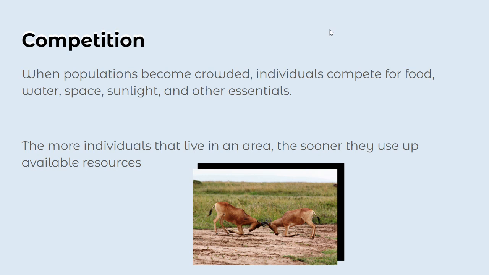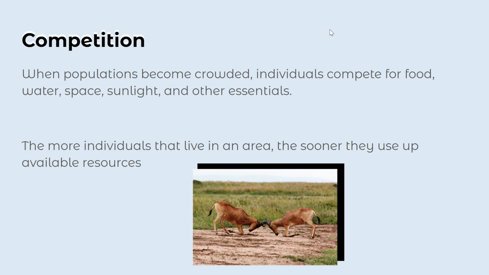The more that organisms live in an area, the sooner they use up the resources that are available. And like I said, resources doesn't always mean food and water. It can mean food and water, but it could also mean things like space or even mating grounds, territory, mates themselves.